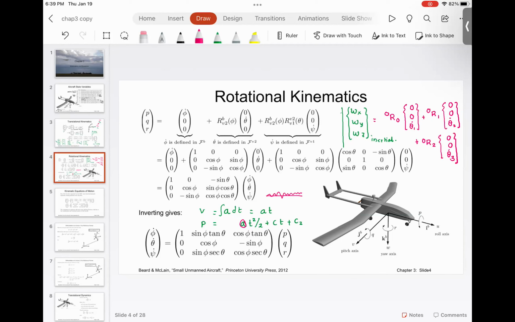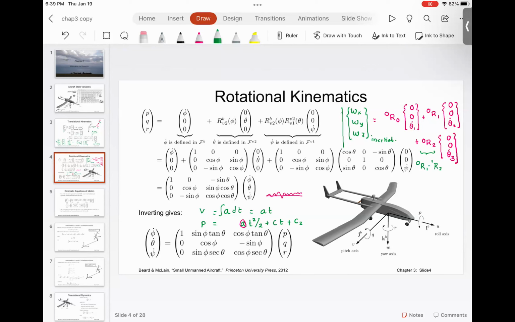So theta 1 dot, theta 2 dot, and theta 3 dot are at the z location, but you have the relative rotations. 0 R0 is identity, 0 R1 you compute from the rotation, and 0 R2 is 0 R1 times 1 R2.